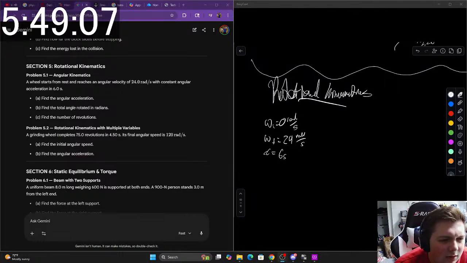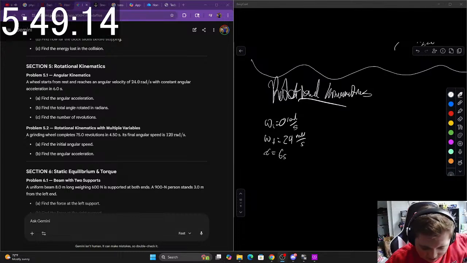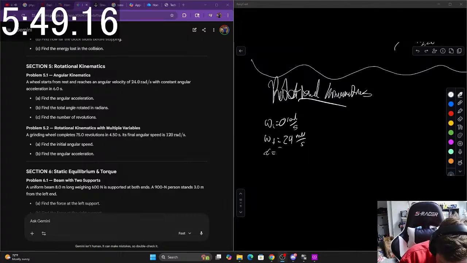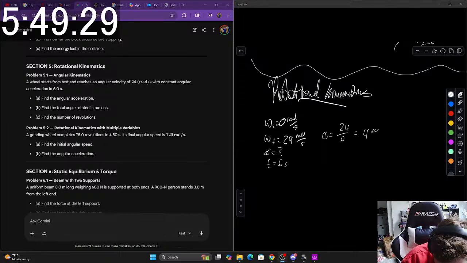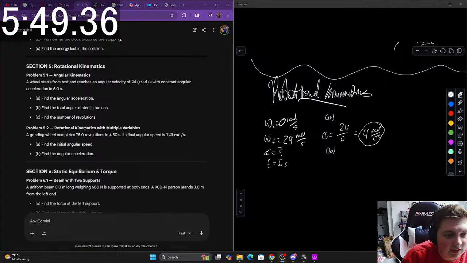With constant angular acceleration in 6 seconds. Oh. 6 seconds equals the change in this over t. So this is A. E. Find the total angle rotated in radians.